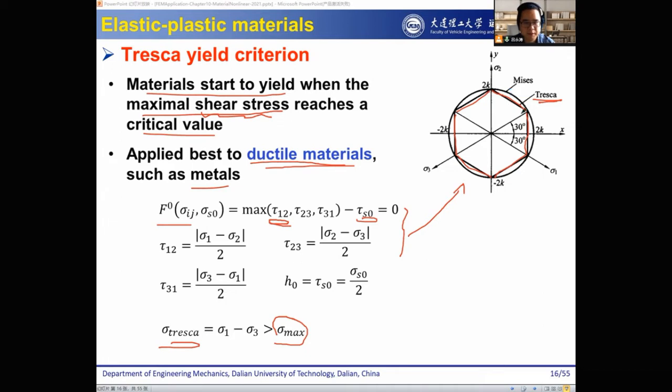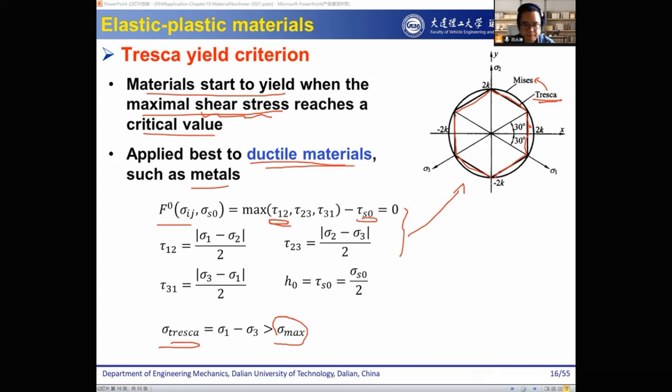Why? Because if a material goes to this point, then based on the Tresca yield criteria, the material has yielded. But based on Von Mises, the stress is within the circle, therefore it has not yielded. Therefore, compared to the Von Mises criteria, the Tresca criteria is more conservative.